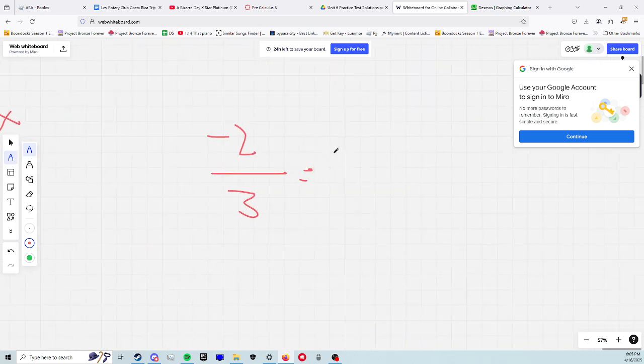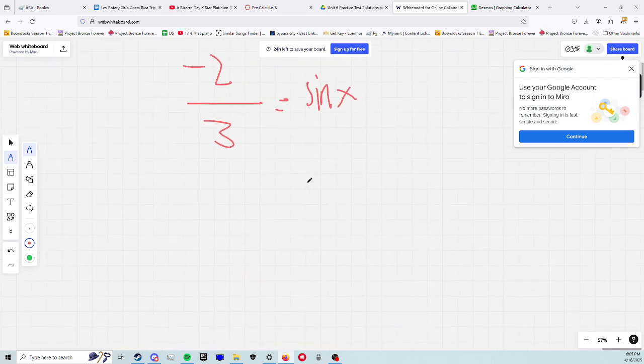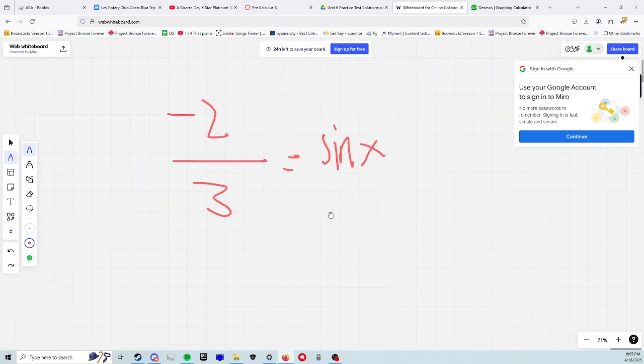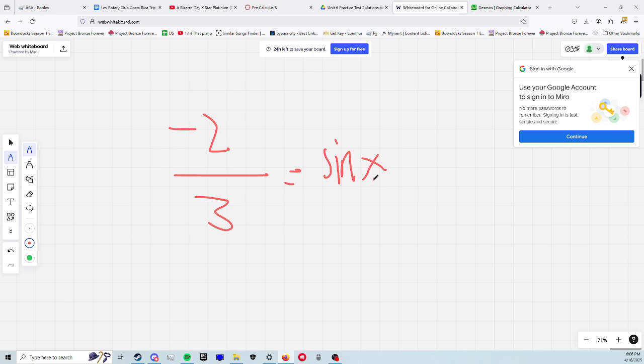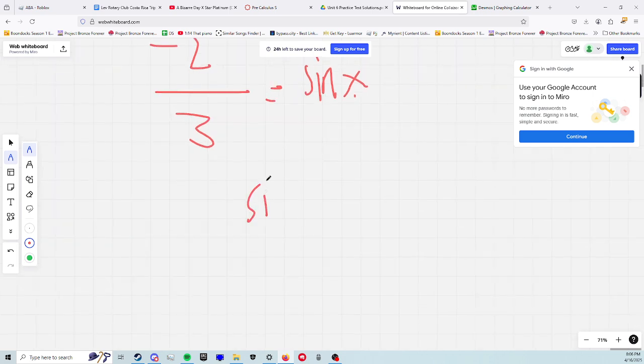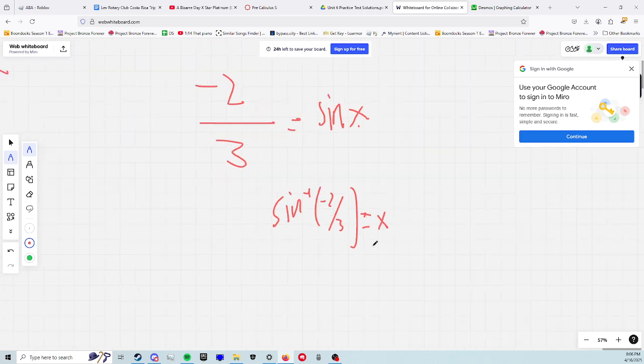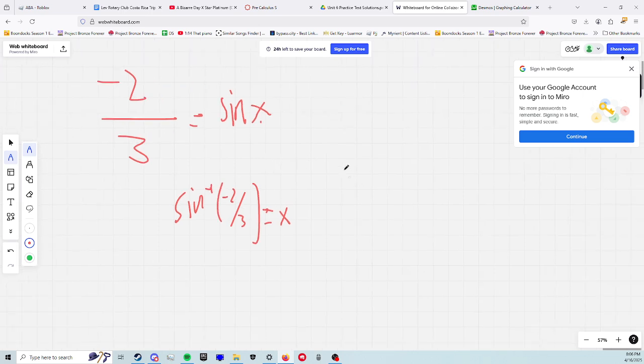Minus 2 over 3 equals sine x, which then you can plug in arc sine, because we're reversing the equation. So sine inverse of minus 2 over 3 equals x. And then you get x equals negative 0.729, and so on.